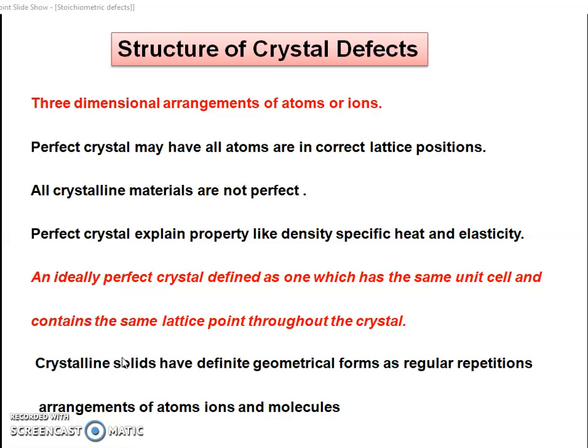At absolute 0, crystals tend to have a perfect ordered arrangement of atoms or ions. Crystalline solids have definite geometrical forms, with a regular repetitive arrangement of atoms or ions.